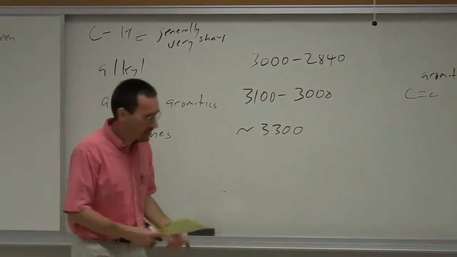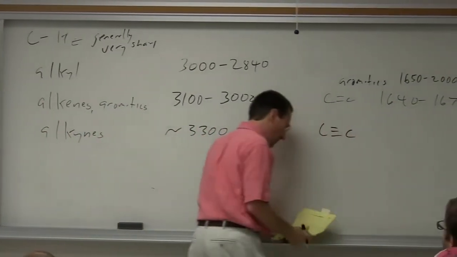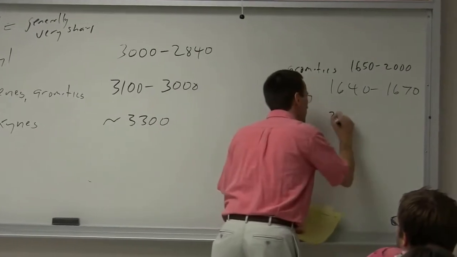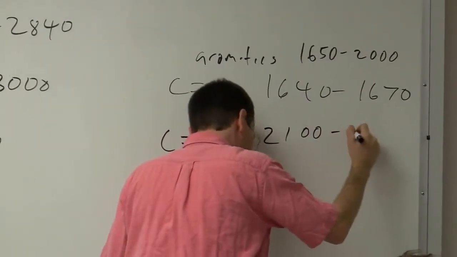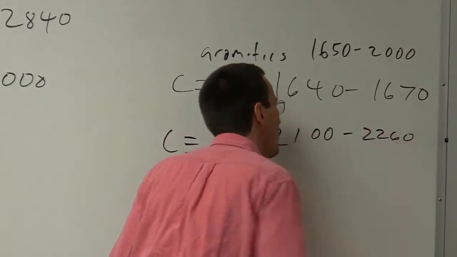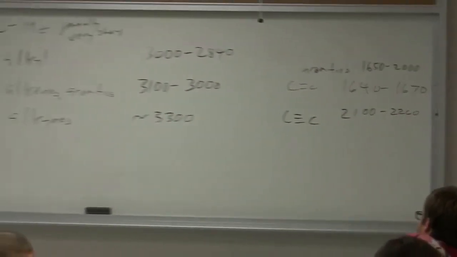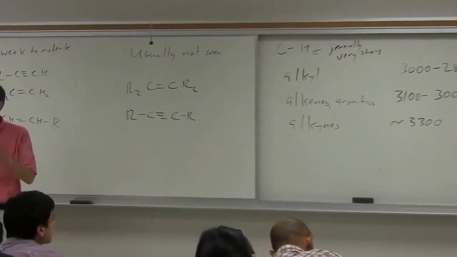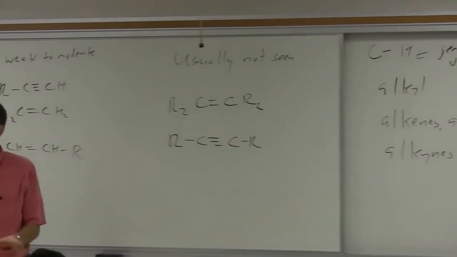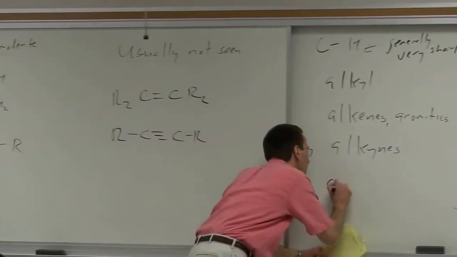An alkyne is going to be the sharp band. And as I said, if you are able to see the CC triple bond stretch, it's somewhere just below 2,000, depending on the exact substitution, about 2,100 to 2,260. And again, if you just see something in that general region of about 2,000 to 2,500, it should clue you in that there's something unusual.